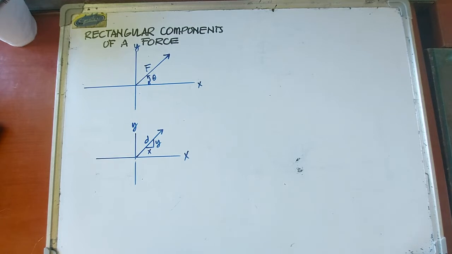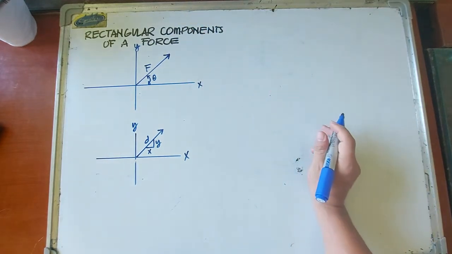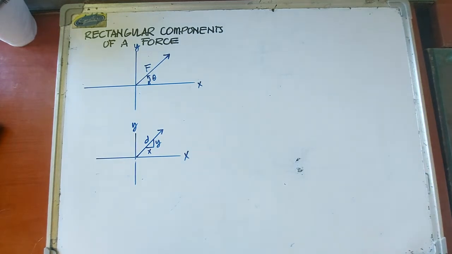So the parallelogram is a rectangle. That's why it's called rectangular components, which means that the axes where the components are located are perpendicular. So perpendicular yung mga axes natin. So x and y axis.